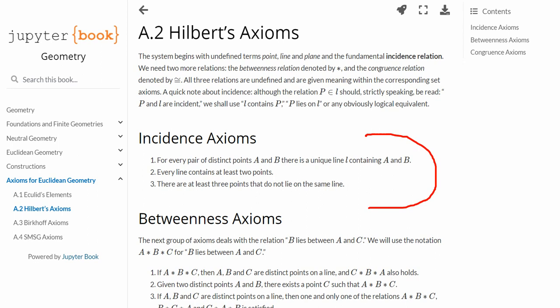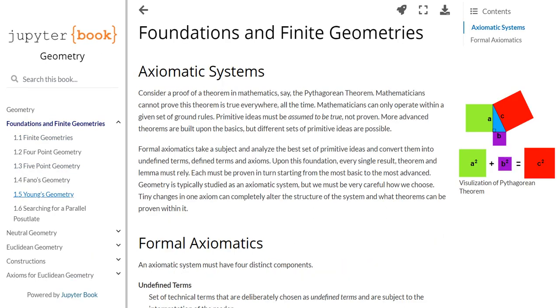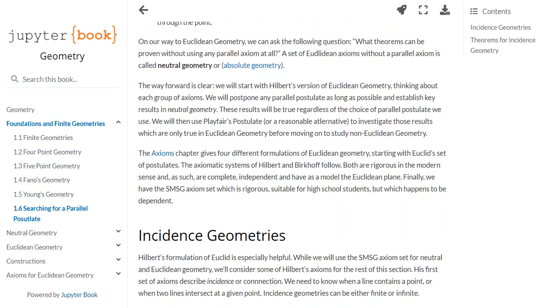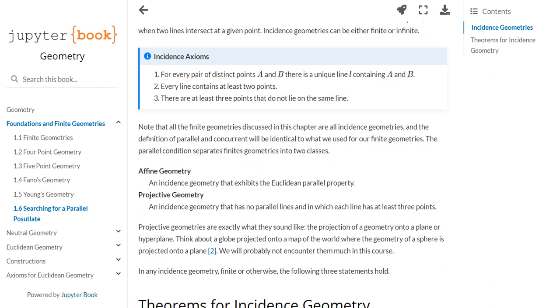It turns out that almost every geometry we know of is an incidence geometry, and these things have to be true of it. As we return to our foundations in finite geometry, we will look at whether or not they're incidence geometries. Then there are two special types of incidence geometries I'd like to point out. An affine geometry is an incidence geometry that has the Euclidean parallel postulate, where there's exactly one parallel line.